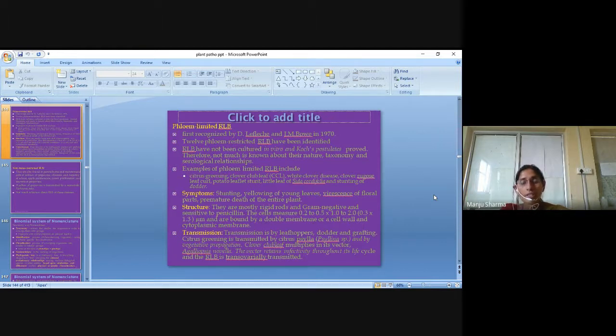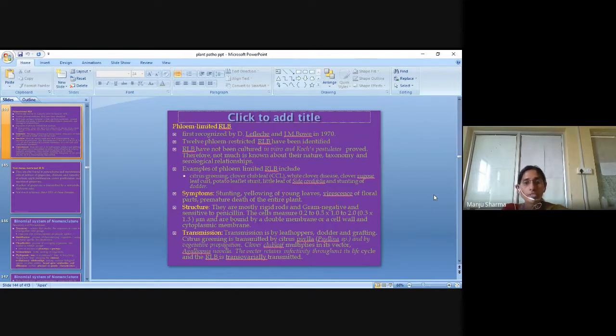Firstly, the phloem-limited RLB were recognized by D. Lafleche and L. M. Bove in 1970. Twelve phloem-restricted RLB have been identified. RLB have not been cultured in vitro and Koch's postulates proven.